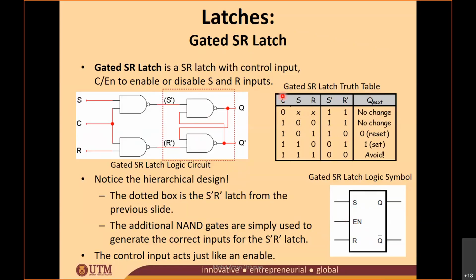Bila control input, your enable input is 1, then the output of your Q will change according to the SR input. Bila 0, 0, no change, 0, 1, reset, 1, 0, you're going to set, and bila 1, 1, this one here you need to avoid, which is a forbidden output.